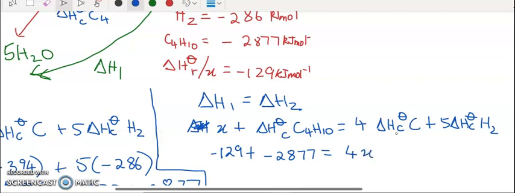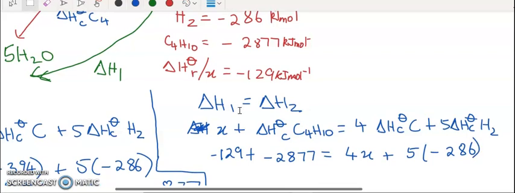So instead of standard enthalpy change of combustion of carbon, I'm going to put it as X, and I'm going to keep the 4 with it. Plus, we've got 5 H2, so we've got 5 times negative 286. So now let us calculate this. I didn't mean H2O, I meant H2, as I said before.